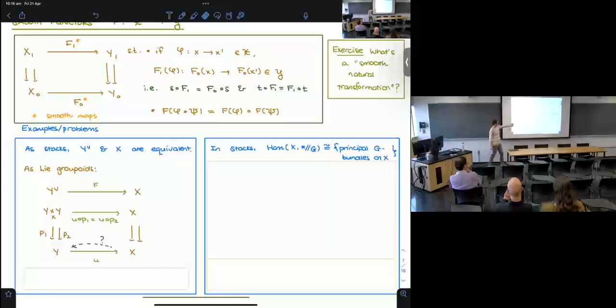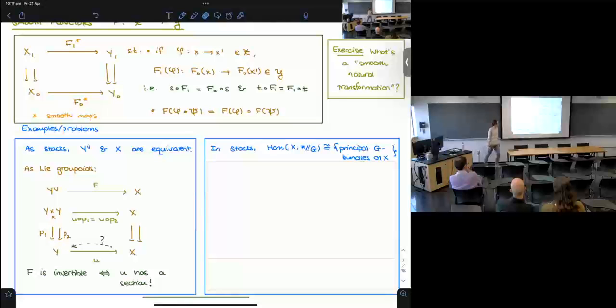So I have a pair of points which live over the same point downstairs, and I just take that point downstairs. And you can show that it satisfies the conditions that we need, but this is supposed to be an equivalence of Lie groupoids. So we ask, when can we go back the other way? And the answer is that we can only go back the other way if this cover had a section. So if it was a pretty stupid cover to begin with. So that makes us a little bit sad about this definition of smooth functors. Something is going wrong with our inverses.